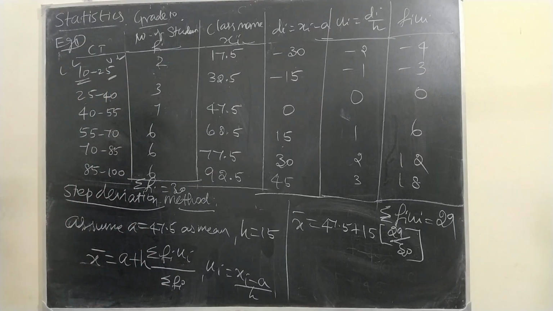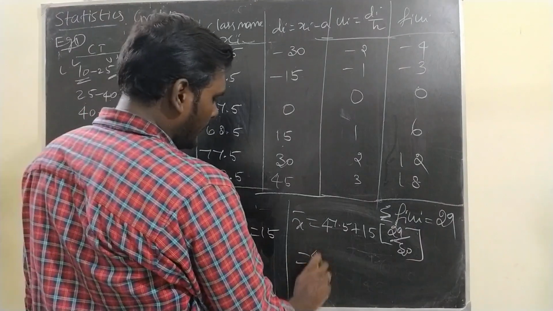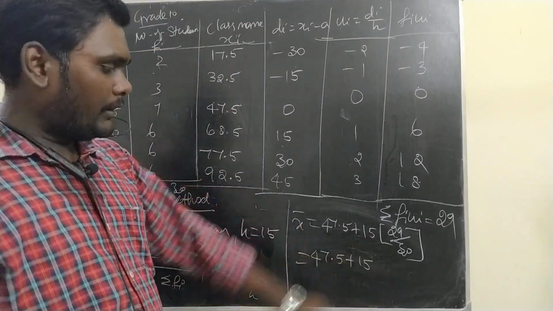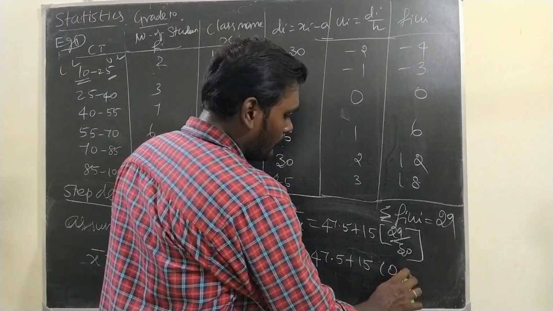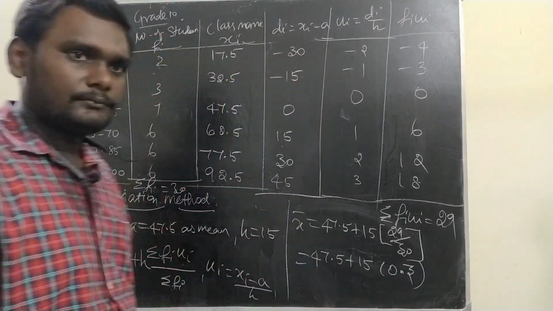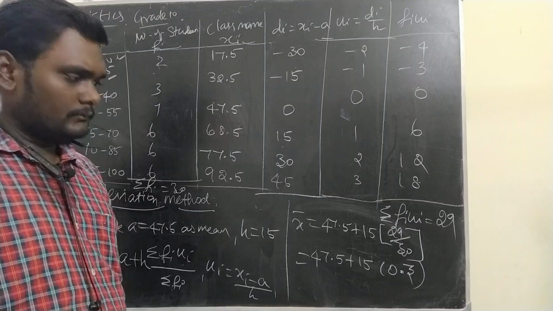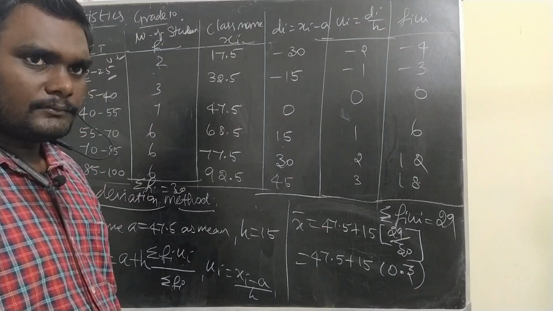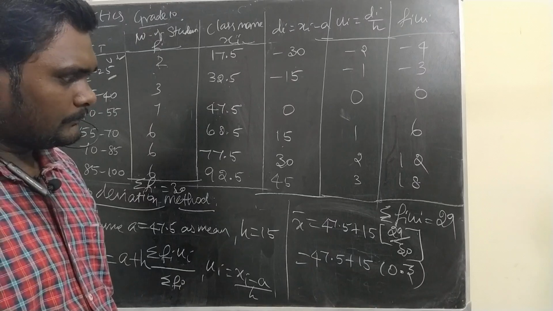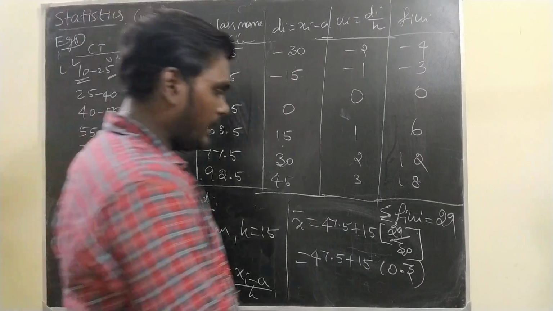Okay, that is it. So we have 47.5 plus 15 into, when you multiply this you will get 0.3 something. Are you getting it or not? 29, not 290.